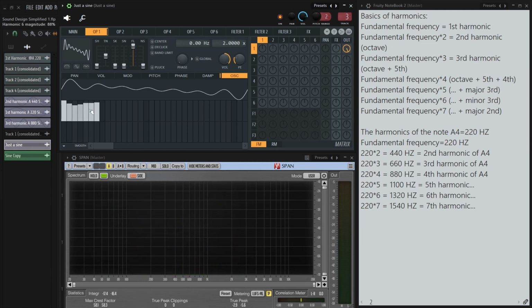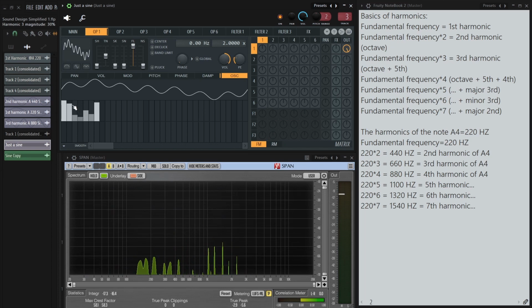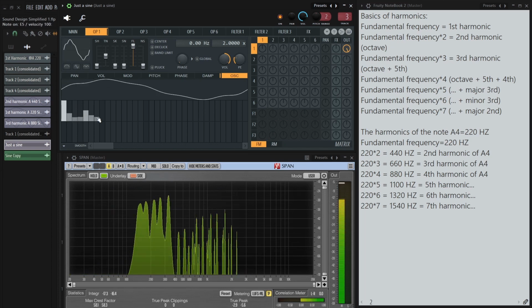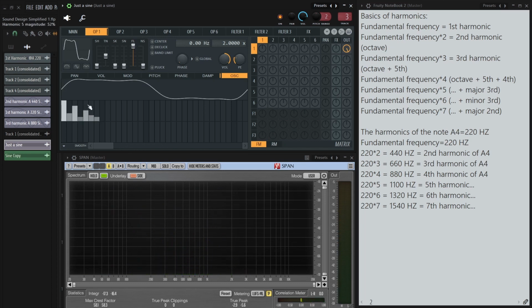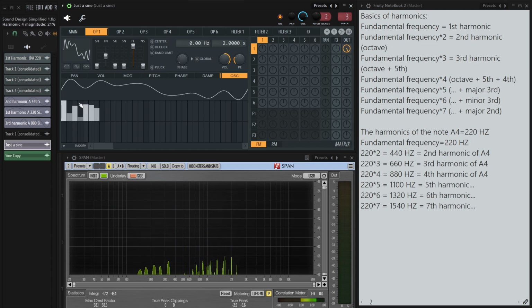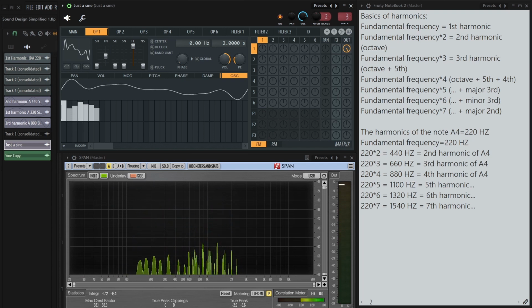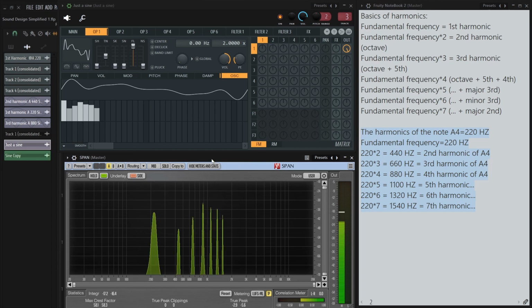And with these 7 harmonics, I can change the amplitude of these sine waves to get different sounds. If we look at our frequency information in the spectrum and compare it with our notes over here, we'll see that everything matches up.